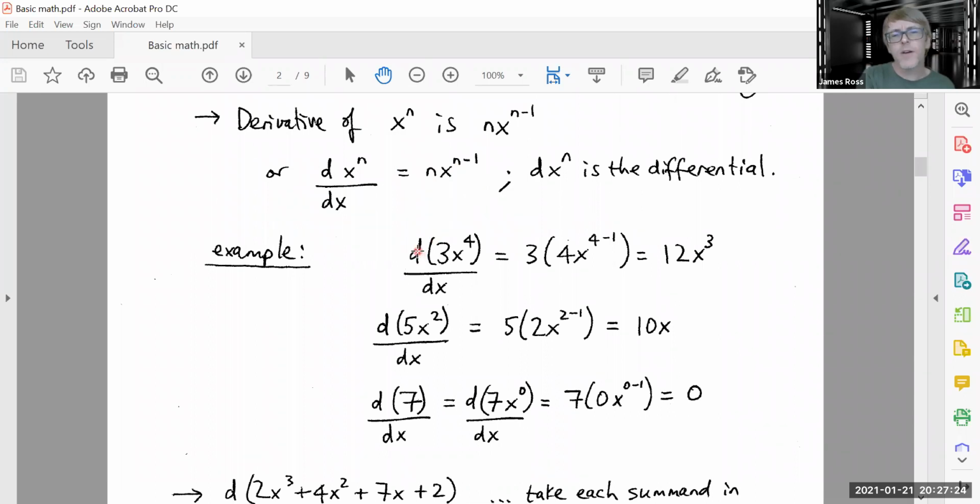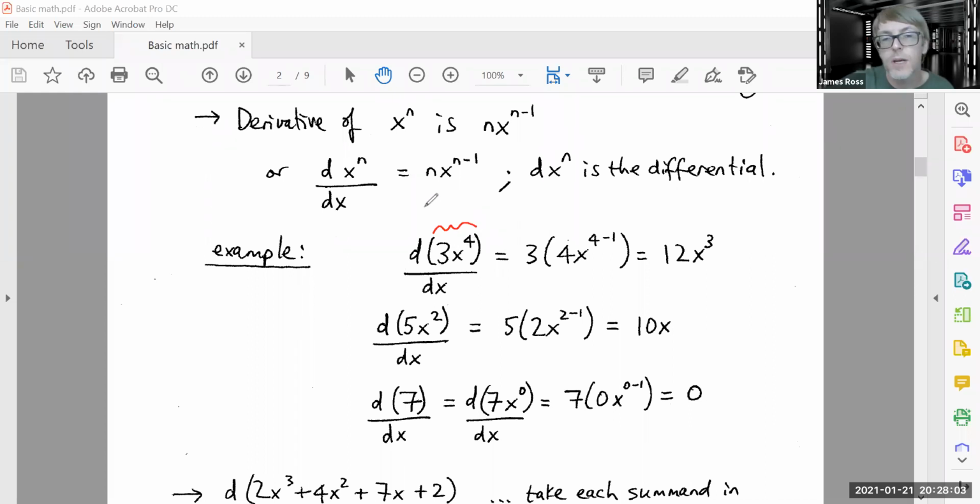Let's take the derivative of 3x to the 4th power. So d by dx of the function 3x to the 4. Okay, well, the d by dx only varies things that have an x in their argument. Well, the number 3 doesn't. Because the number 3 has no x, we can bring the 3 out as a constant. So for example, in 3x to the 4th power, the 4 applies only to the x.